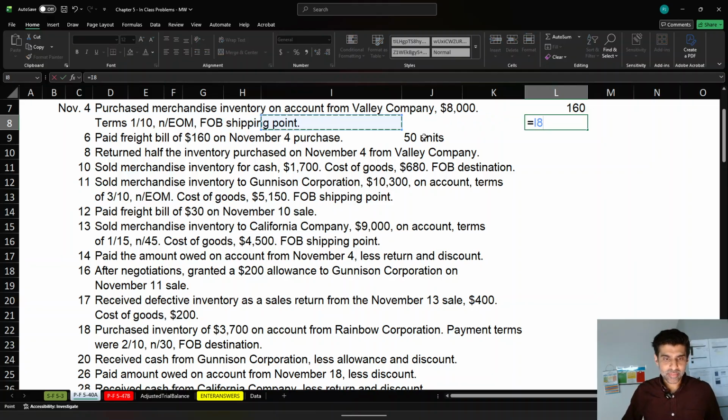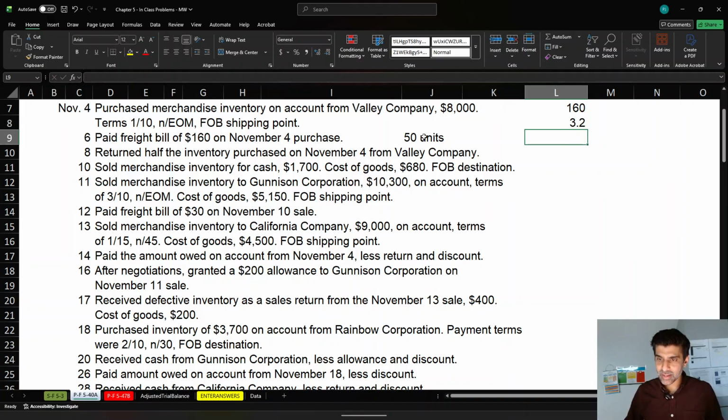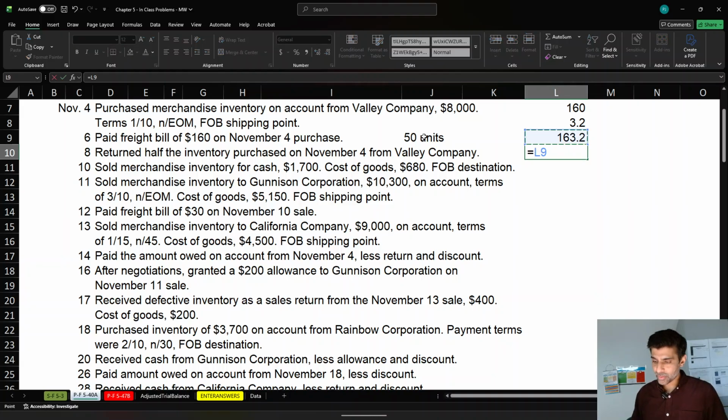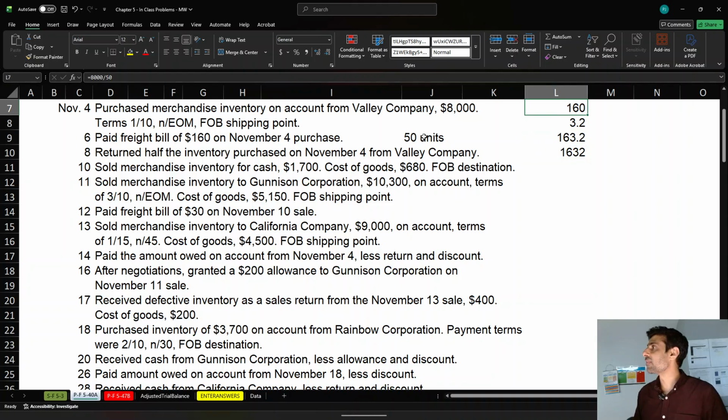And then this $160 for freight divided by 50, that's the freight per unit, right? So when we did cost of goods sold, let's say we sold 10 items at some point, our cost of goods sold would be this times 10, which includes not only the cost of the item plus the per unit shipping cost. So this 1,632 would be my cost of goods sold if I sold 10 of them.